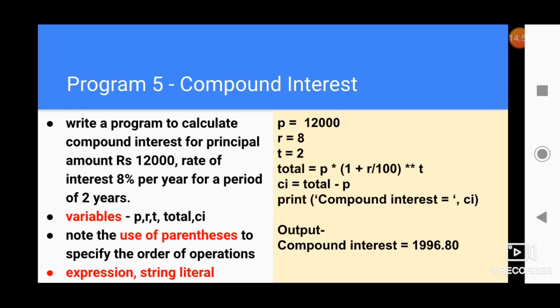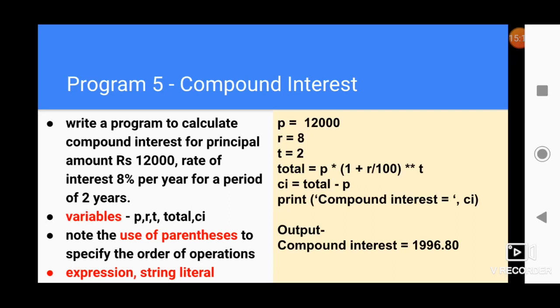Okay, so note that we have used the variables p, r, t, total and ci. 5 variables have been used in this program, and operators which are used are exponentiation operator, division operator, addition, multiplication and subtraction.